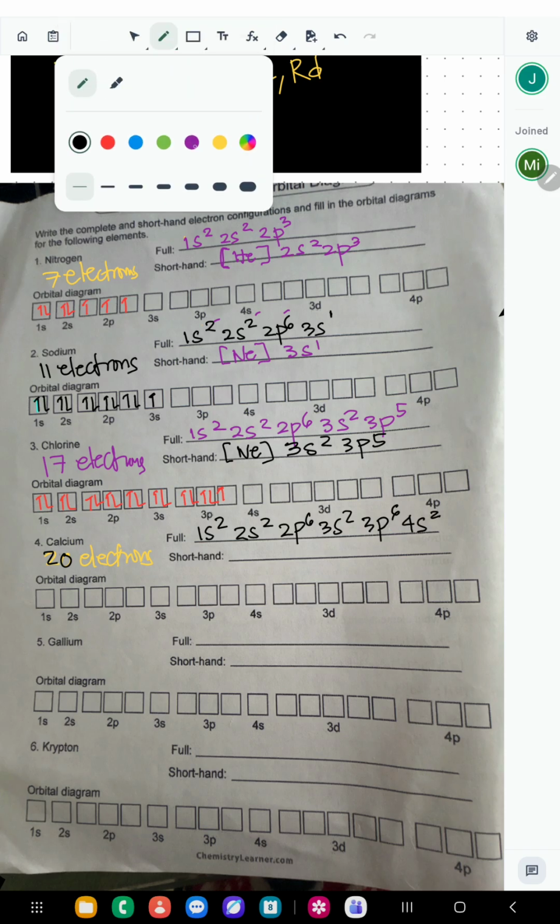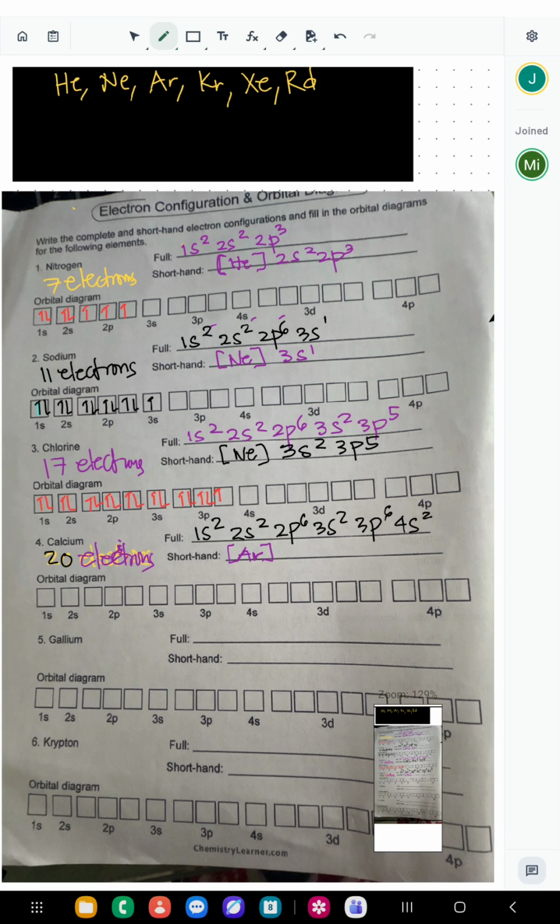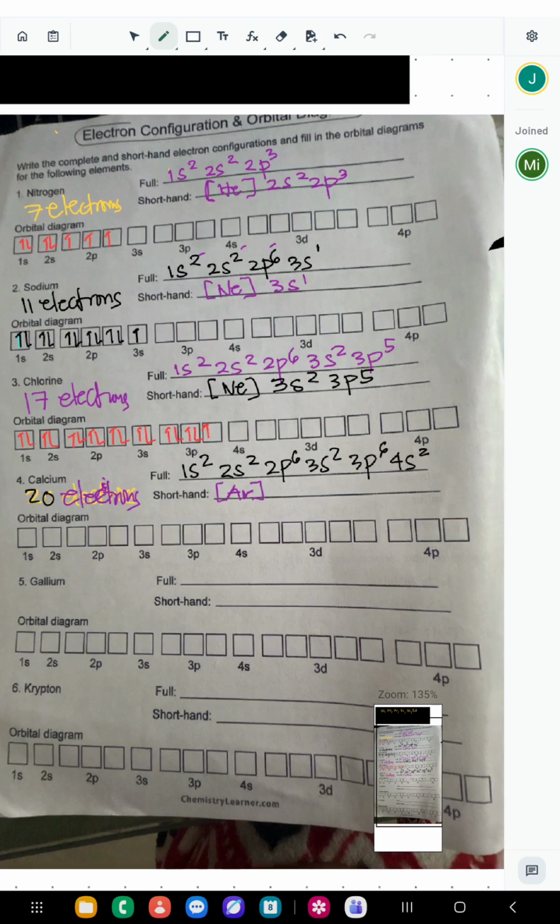And for the shorthand, what is the closest noble gas to calcium? Argon. So you put argon in a bracket. Okay, what is the atomic number of argon, or how many electrons does argon have? 18.